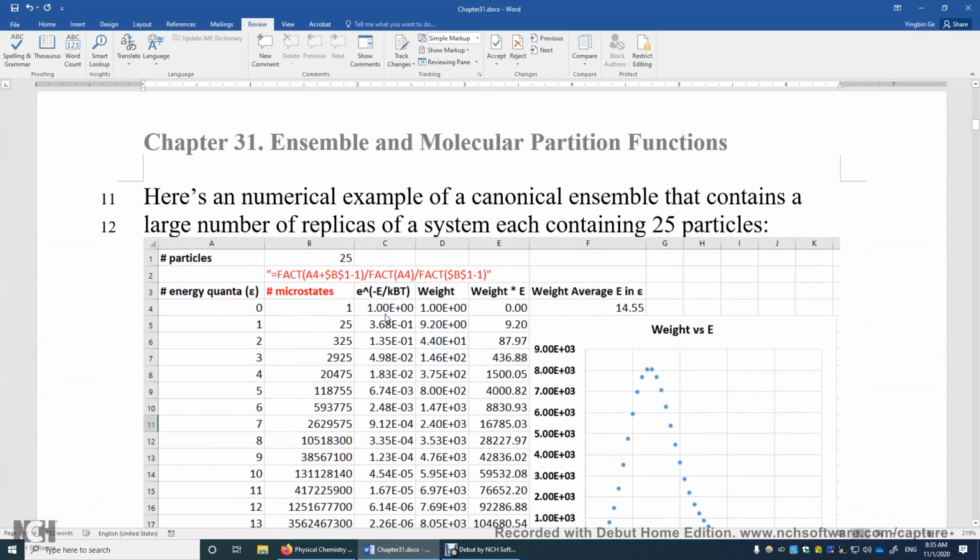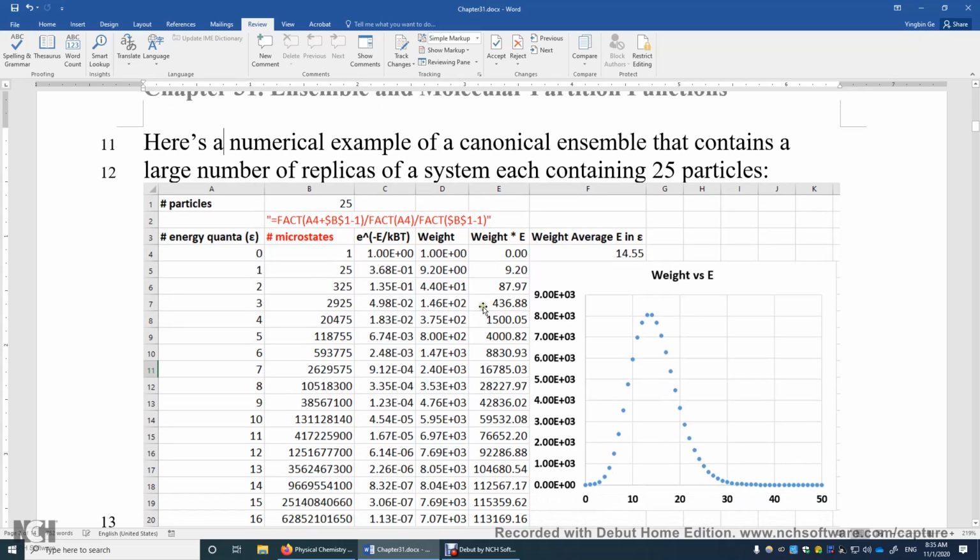Now let's look at a numerical example of a canonical ensemble. Again, they have the same temperature, same volume, and same number of particles. So let's say we have a very large number of replicas of a system, and each replica contains 25 particles. Now let's look at the number of microstates associated with these replicas.